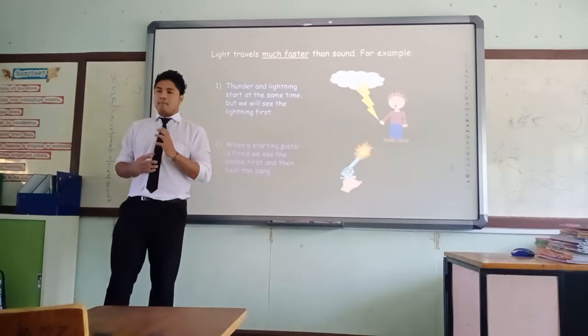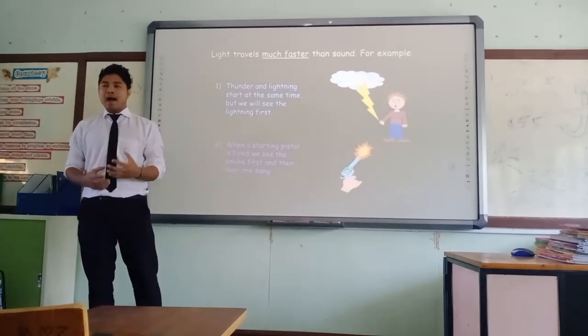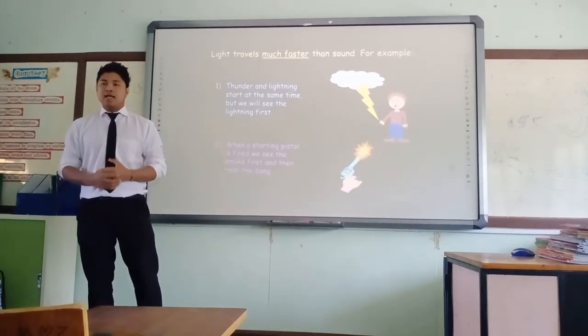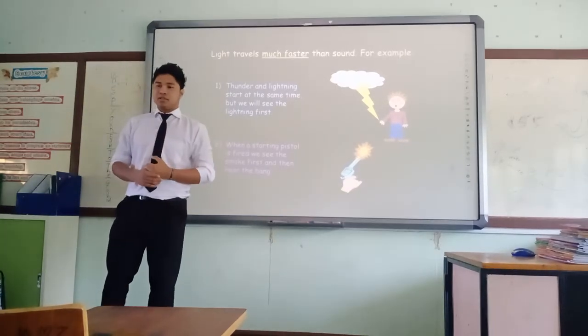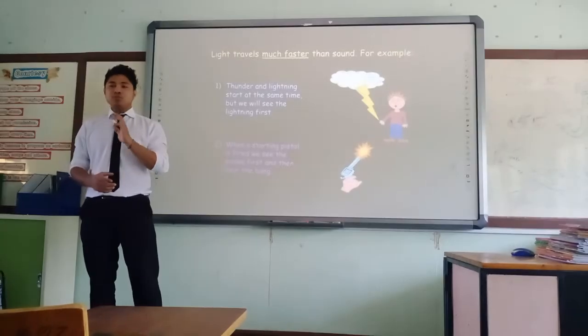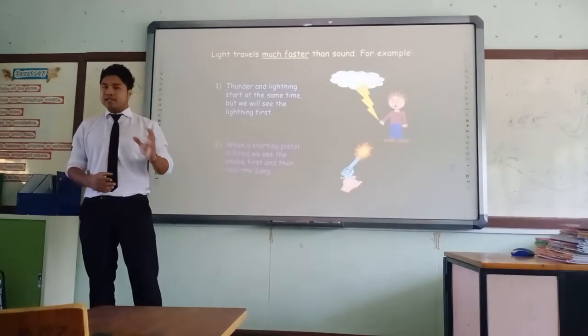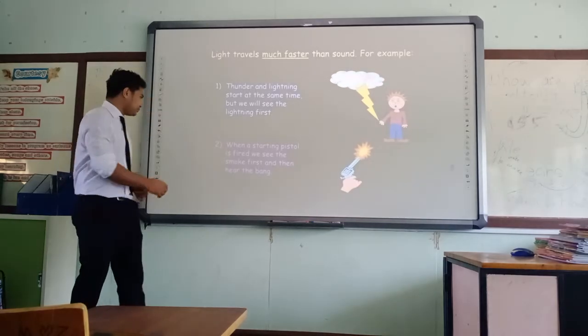We can approximate the distance of a storm by measuring the seconds between lightning and thunder and multiplying by 11. This will give you the distance to the storm in kilometers.